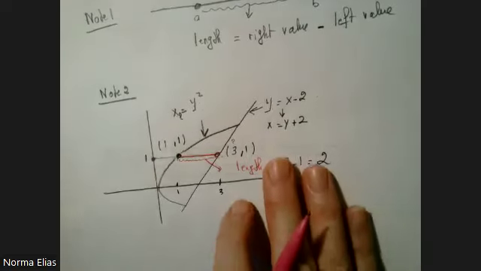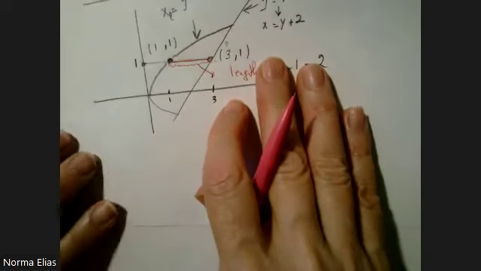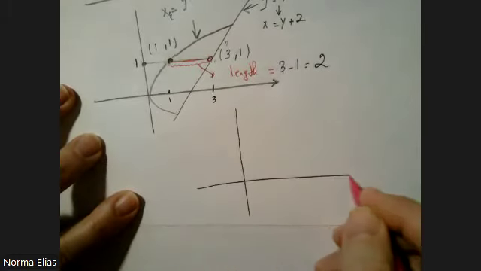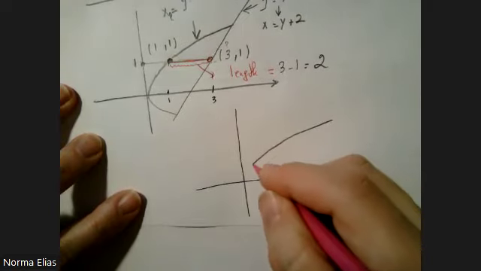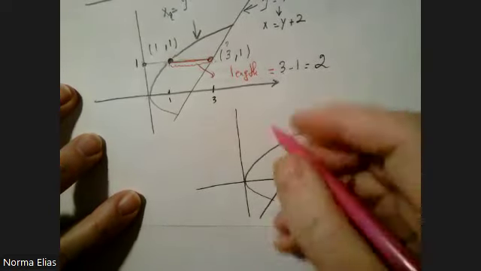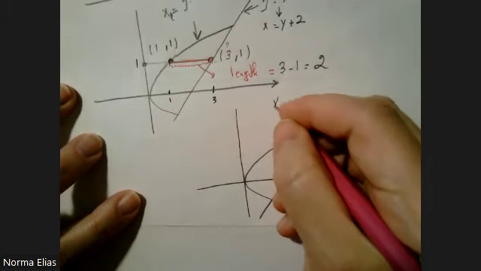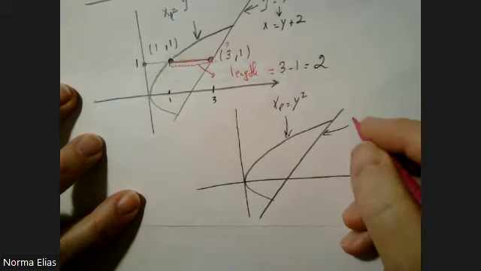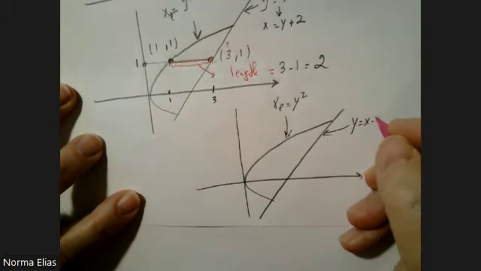So let us say we make this a little bit more abstract. Let us say I give you the same picture. I'm not going to change the same curves. So this is x equals y squared, and this is y equals x minus 2.